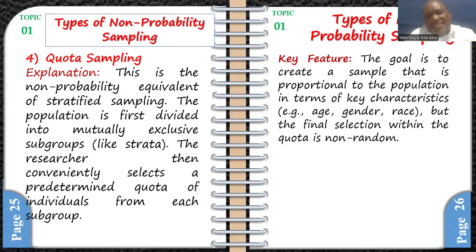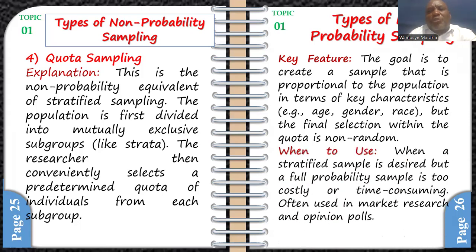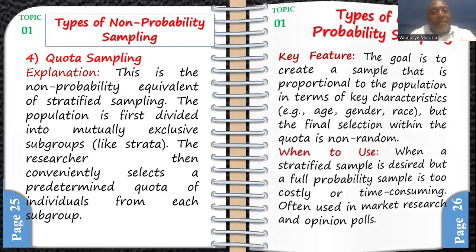The key feature is to create a sample that is proportional to the population in terms of key characteristics, that is, age, gender, race, and so on. But the final selection within the quota is non-random. We use quota sampling when a stratified sample is desired but a full probability sample is too costly or too time-consuming. Often we use this in market research and opinion polls.